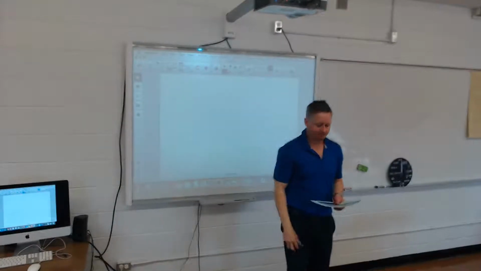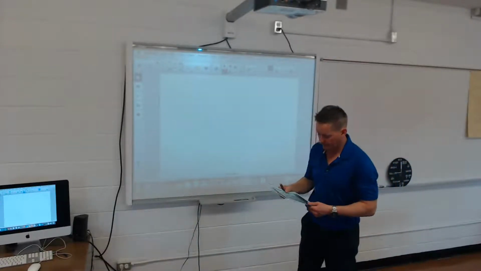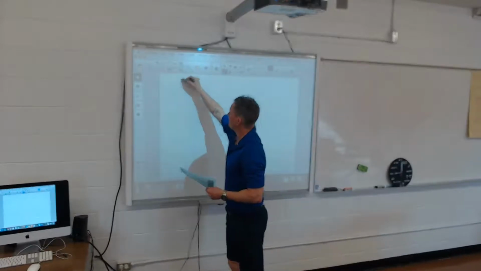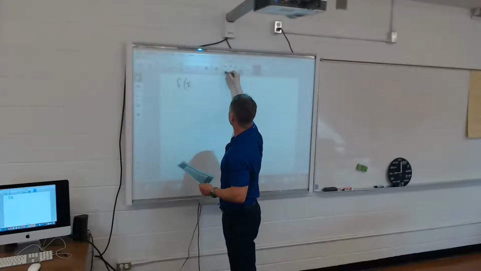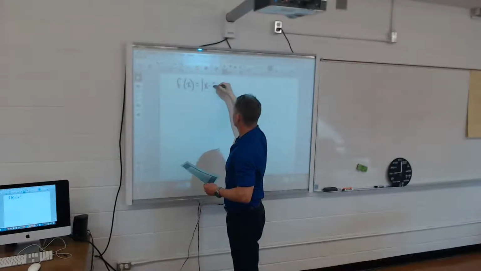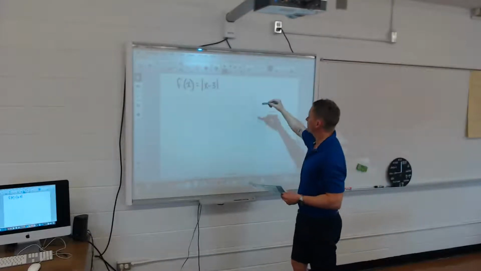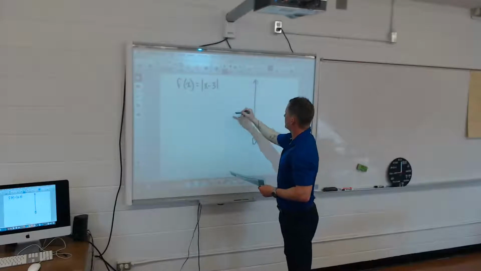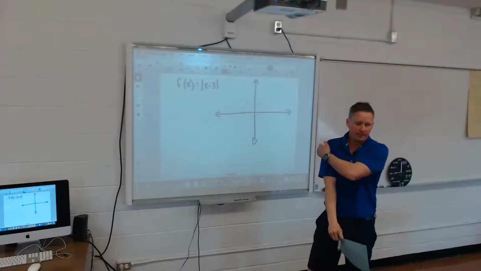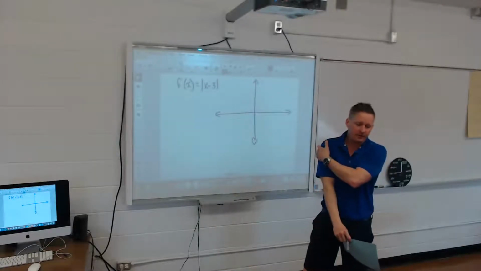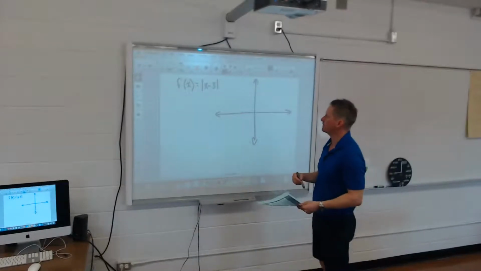So I'll go through them relatively quickly. If you have questions, just ask, and if you need me to slow down, I will. It asks for the range of f of x equals the absolute value of x subtract 3. The idea probably would be to graph it. We should know our range. Our range has to be all the y values, and none of the y values can be below 0, so y is greater than or equal to 0.